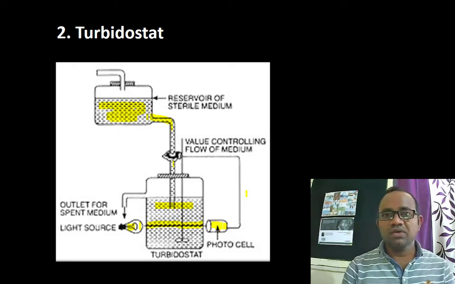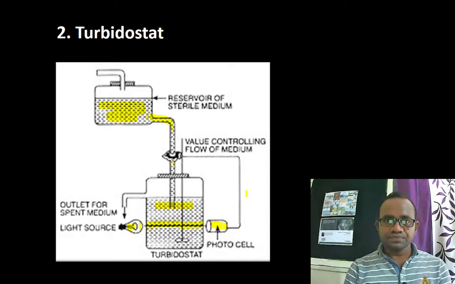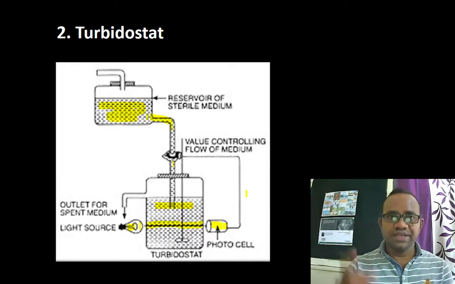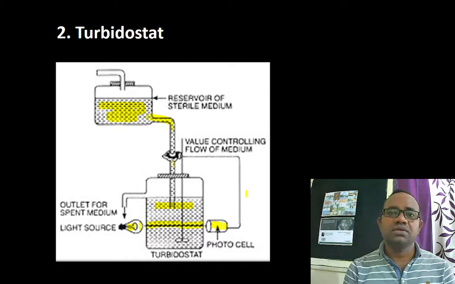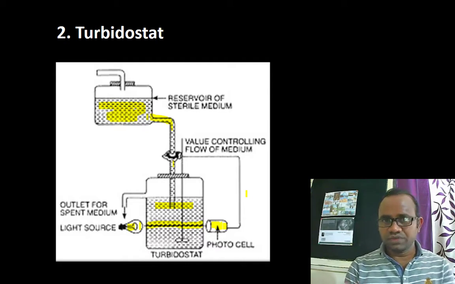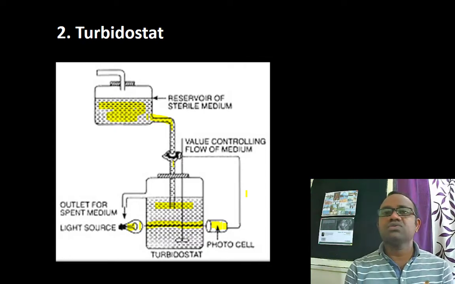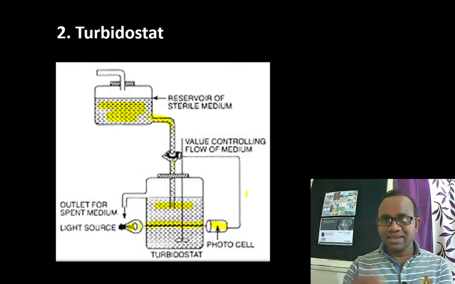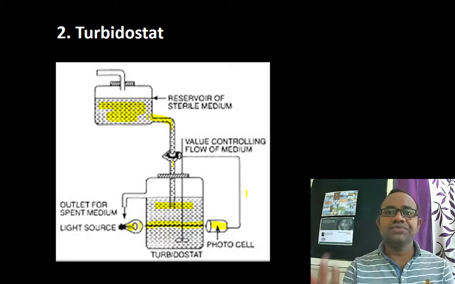Depending on the turbidity value measured by the photocell, you get an idea of the growth pattern inside the turbidostat. Too much growth of bacteria will increase the turbidity, so less light will pass through to the photocell, and the photocell will give a lower value. If the growth is good, light will pass to the photocell and a good reading will be given.